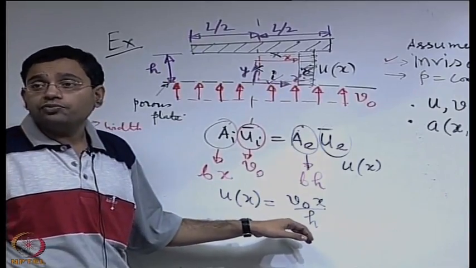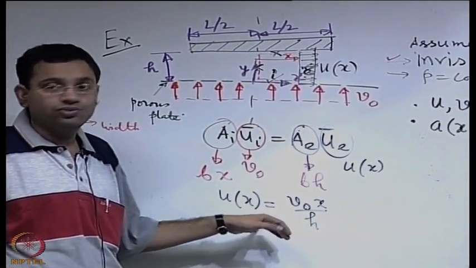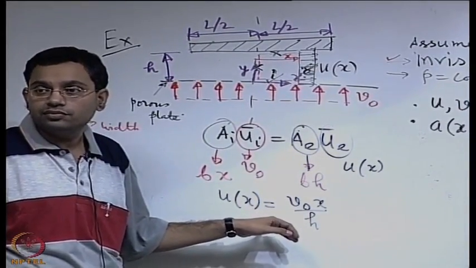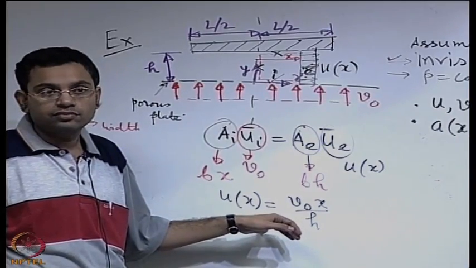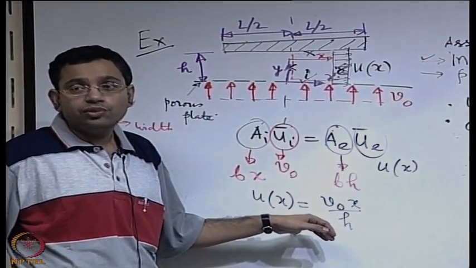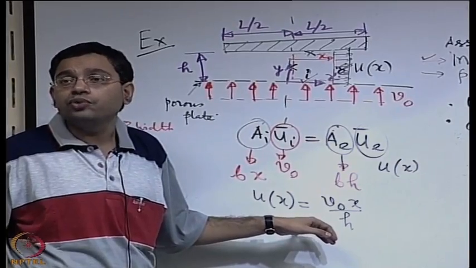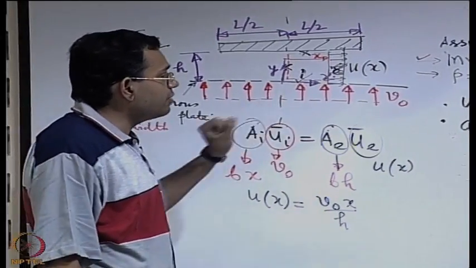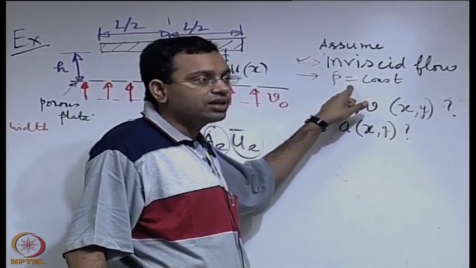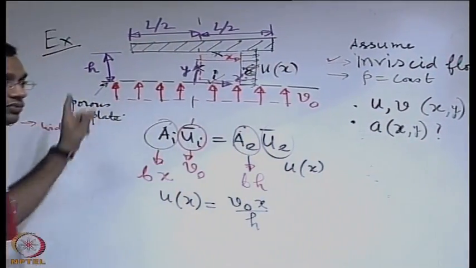Now how do you find v? You know u, so how do you find v? You have the continuity equation that relates u with v. What is the special form of the continuity equation with rho equal to constant for a 2-dimensional flow?